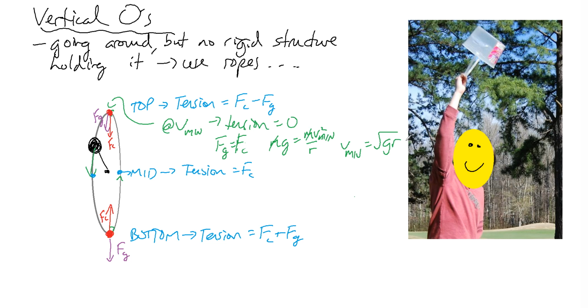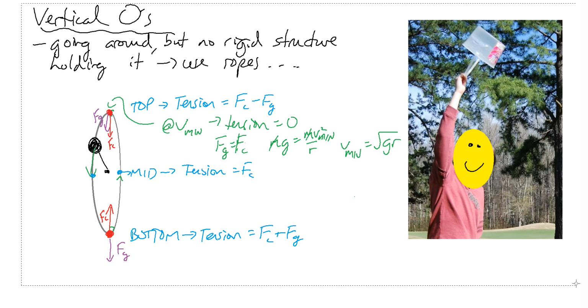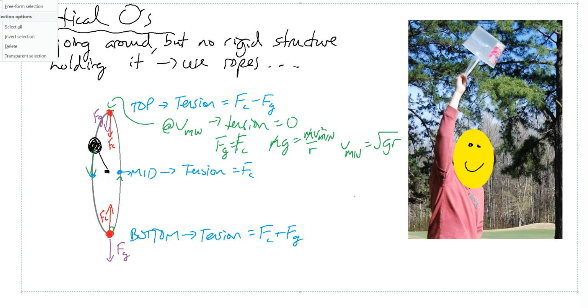All right, so let's look at a vertical circle scenario and sort of see how these things can work together. Okay, so let's get rid of this. We'll delete that. Okay, so let's just draw a person here. Have a person.